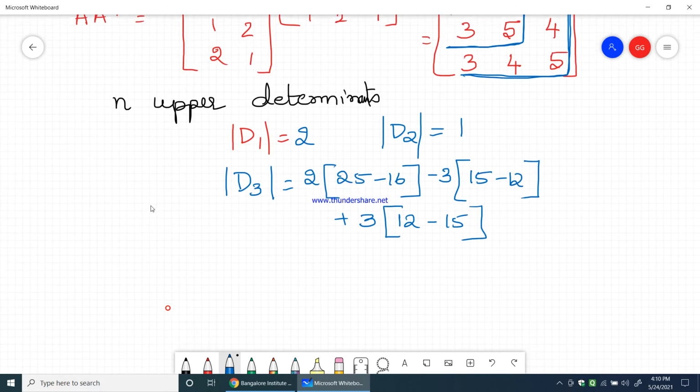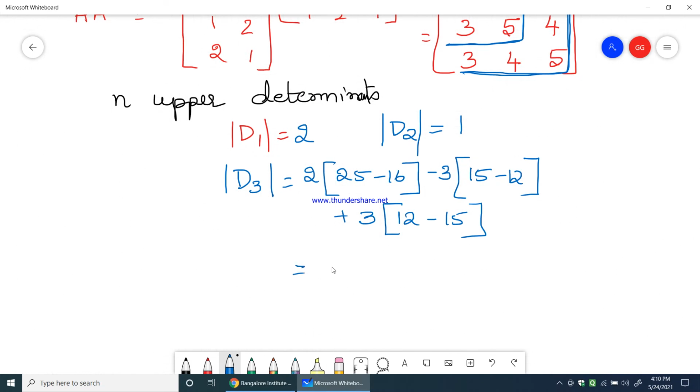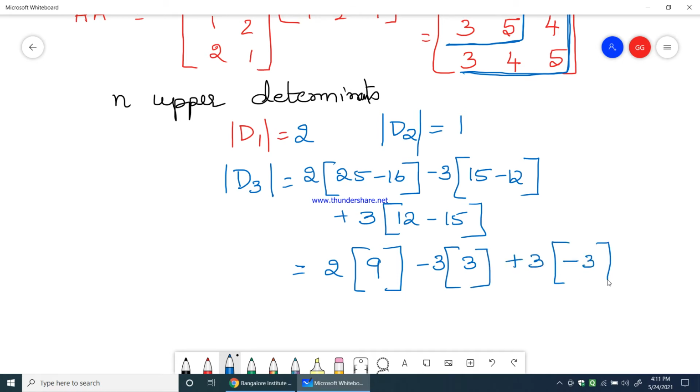This equals 2 into 25 minus 16, which is 9, minus 3 into 15 minus 12, which is 3, plus 3 into 12 minus 15, which is minus 3. So this equals 18 minus 9 minus 9, which is 18 minus 18, which equals 0.